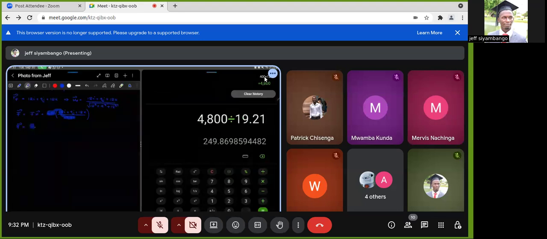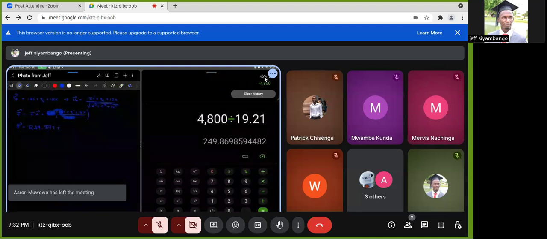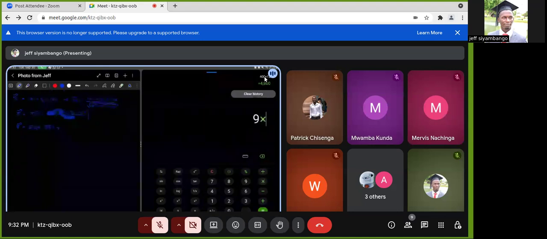So we have 249.87i, plus then we have 9 by 400 divided by 19.21.